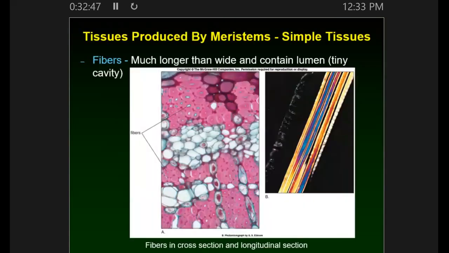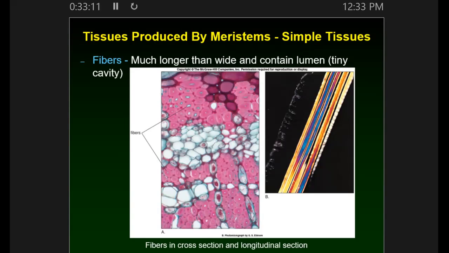The other subcategory of sclerenchyma is fibers. Okay, fibers. They're very different. They're very long and narrow. Pretty much any one you look at, they're long and narrow. On the right image, you're seeing a longitudinal view, like someone just came along and shaved down the length of a fiber. So you can see they're very long.